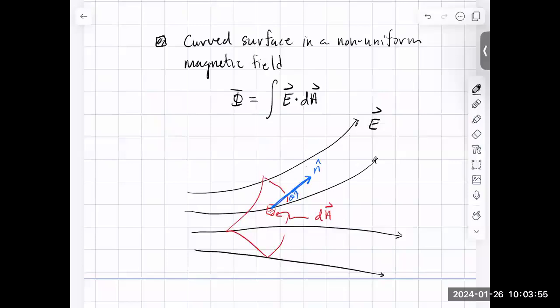And then for that small patch, the flux is going to be E times dA, dA being the area of that small patch, times the cosine of the angle between the normal vector and the electric field at that position of that patch.